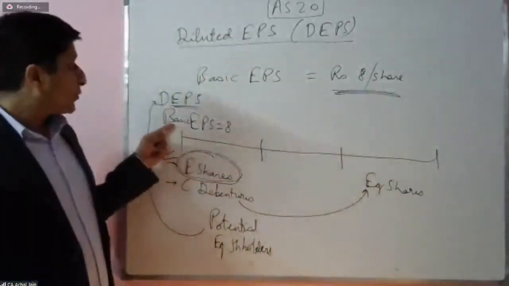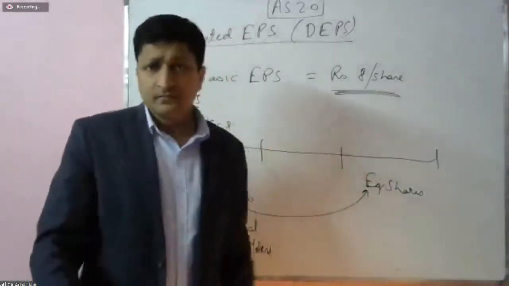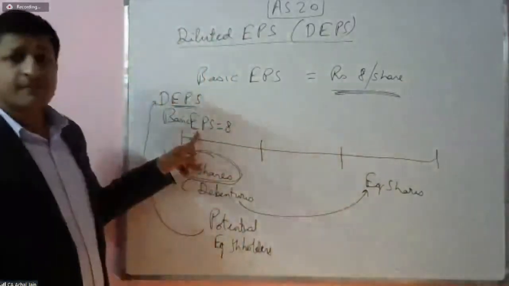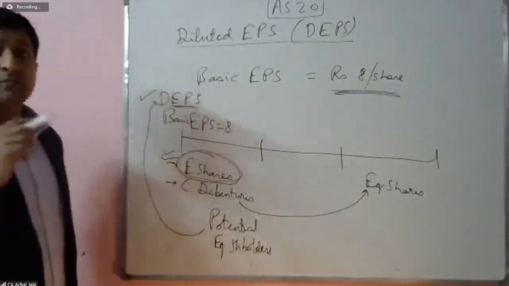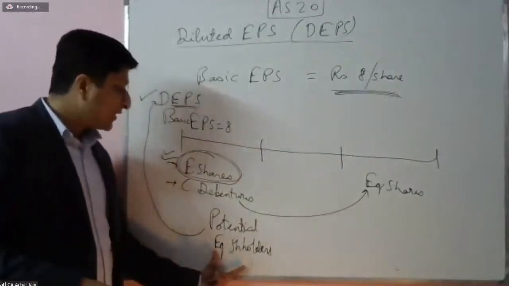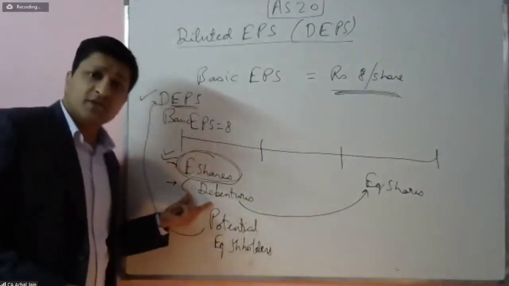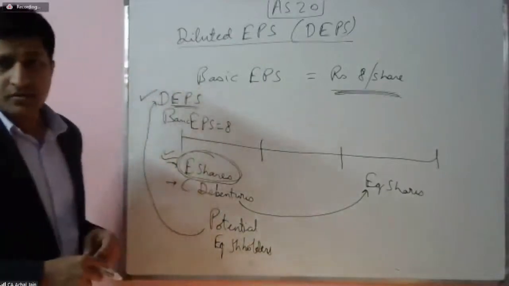So while we will compute the basic EPS in the same manner the way we have done, in addition to this, we will also compute DPS. And while computing the DPS, we will have to assume as if these potential equity shareholders have become equity shareholders.